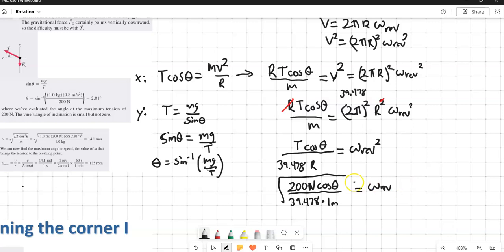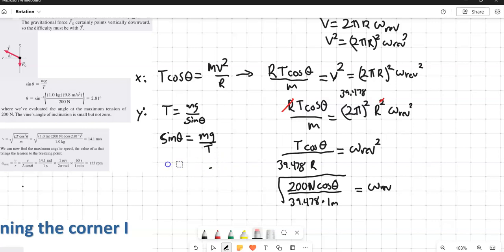Here's the problem, though. We don't know what theta is. So what we could do is get that theta from right here. Sorry, I wrote some things just to plan that during a little break I had. So we could get that from over here, and I'll show you what I mean.